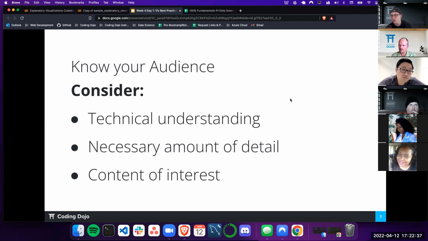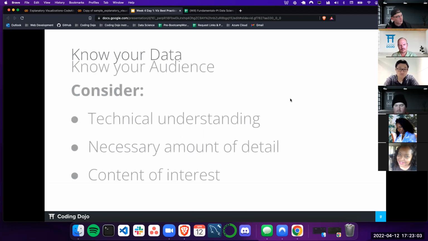Are we adding too much detail, things that don't really play into our question? And does this have plenty of content of interest? Again, if we're dealing with employee attrition rates, are we just talking about something that has nothing to do with that? Or does this actually help us solve the question that we're trying to ask?